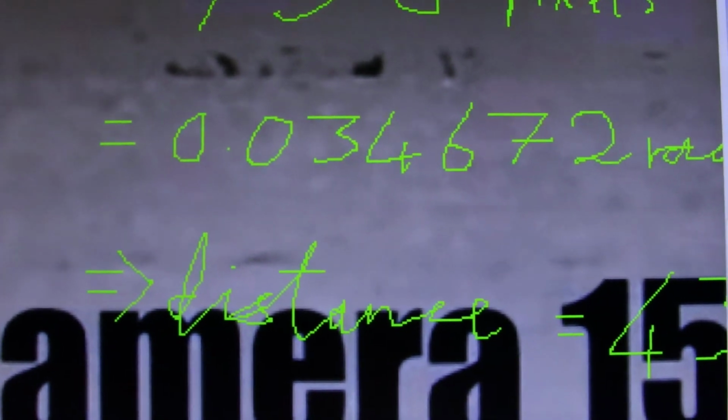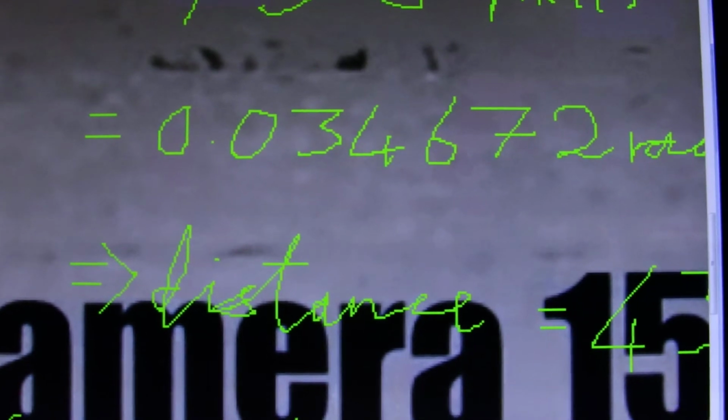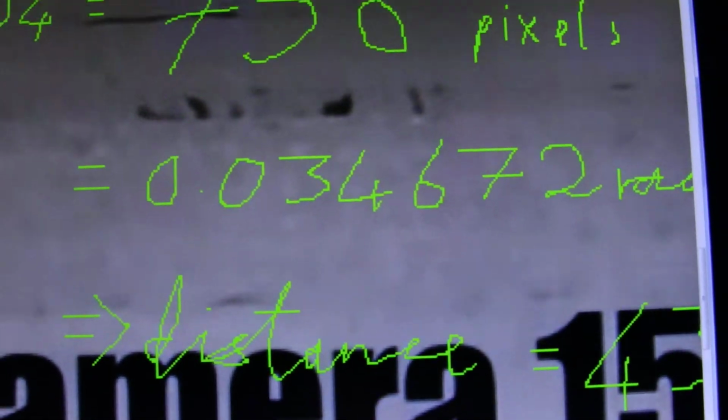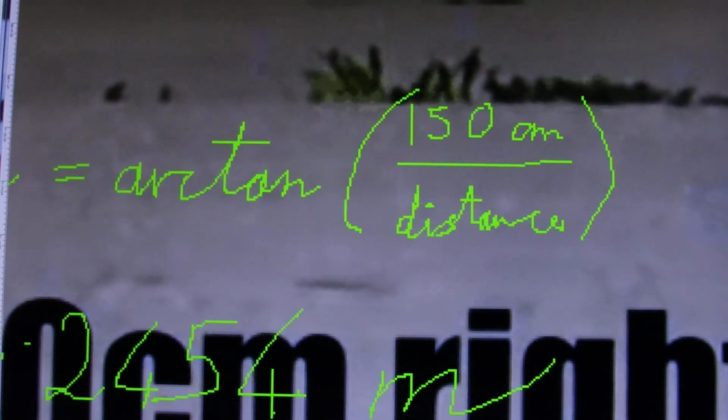And the distance moved, the 150 centimetres, is the width of the drawing, and the distance to the ball is the height of the drawing. So we have that angle, which we know to be the tangent of 150 centimetres divided by the distance.